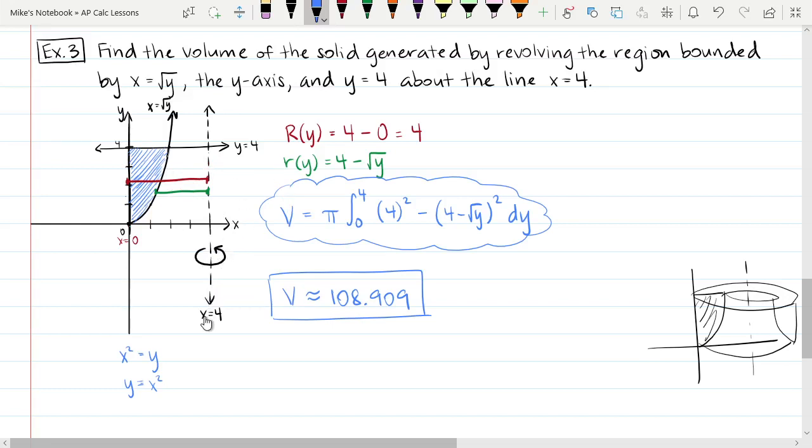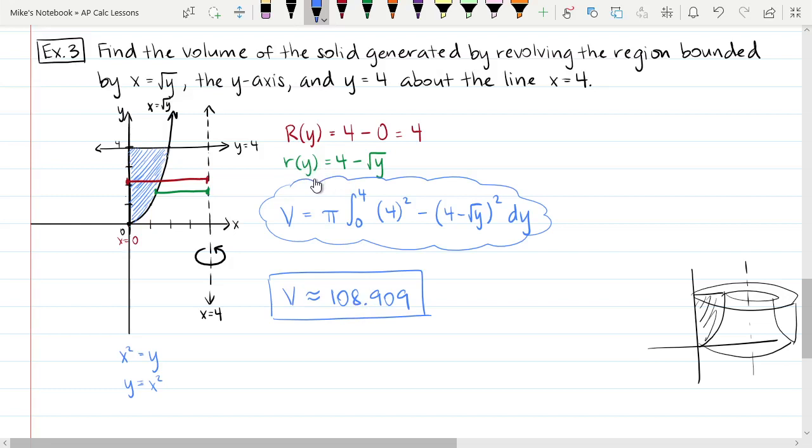Okay, so as you go through the assignment, as I said before, make sure that you're taking a look at what the region looks like, because some of the problems will be the disk method and some of them will be the washer method. Now, worst case scenario, if you just approach everything as a washer, then it just means that your small radius is going to be a 0.